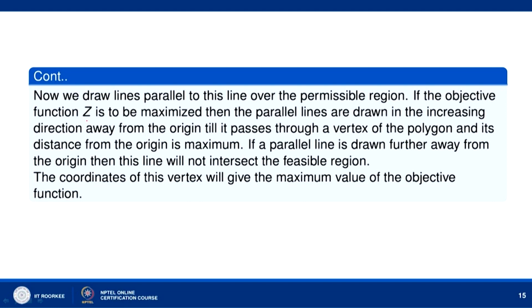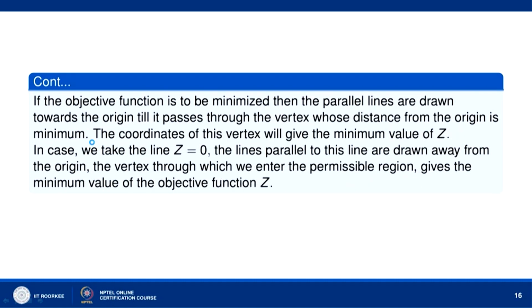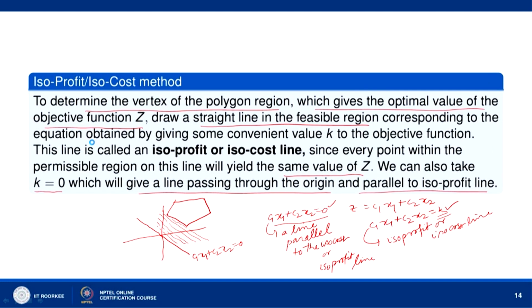If the objective function z is to be maximized, then the parallel lines are drawn in the increasing direction away from the origin till it passes through a vertex of the polygon and its distance from the origin is maximum. So, if we want to find the maximum value of z, then we will go on drawing these lines till it passes through a vertex.